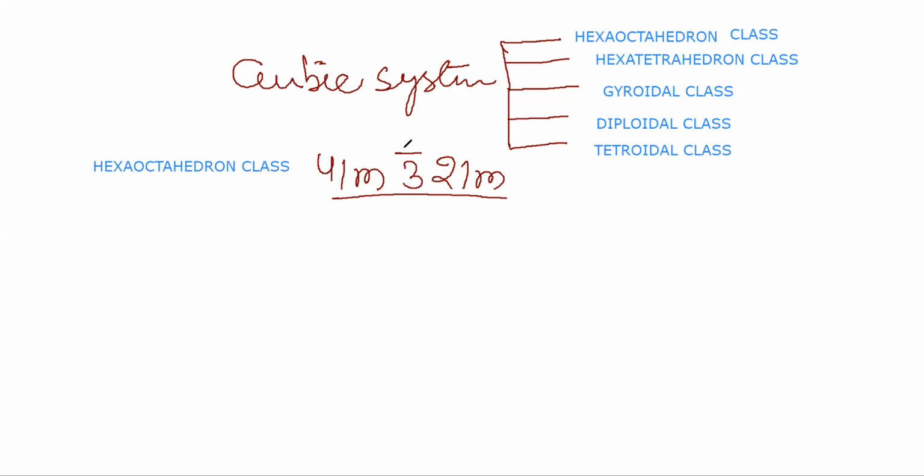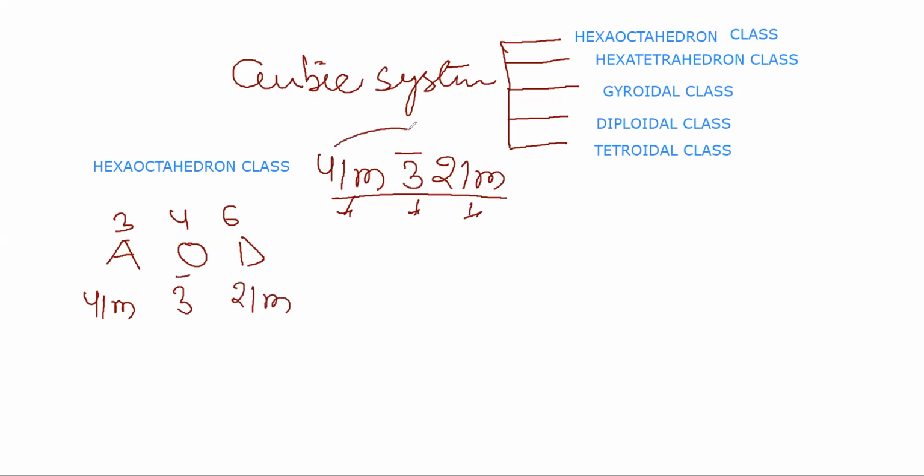How many symmetry elements are there? That's what we want to know. For that, there is a formula which we have coined: A, O, and D, which is 3, 4, and 6. And we have to keep each unit below this unit. 4 by M, 3 bar, 2 by M. And now we'll see how to calculate the symmetry elements. So at the axial position, first we'll take the axial position.